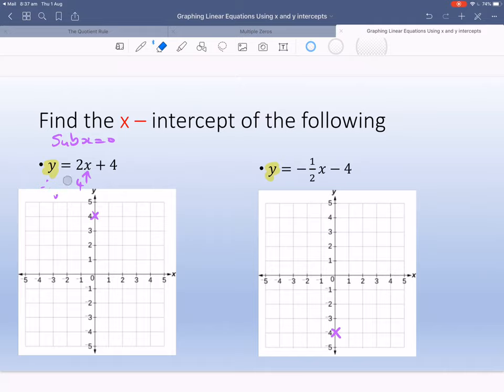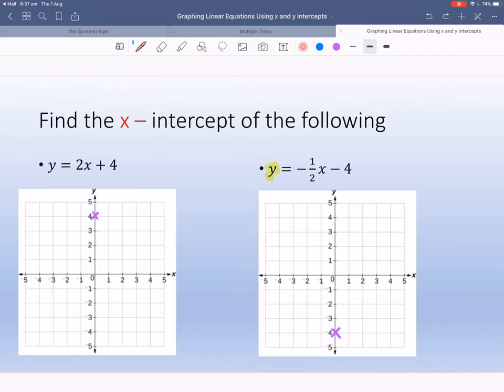And we're going to do exactly the same thing to find the x-intercept. Except, at what value of y does the x-intercept occur? Well, it occurs when y = 0, right here. See how the x-axis occurs when y = 0. So to find the x-intercept, we need to make y = 0.